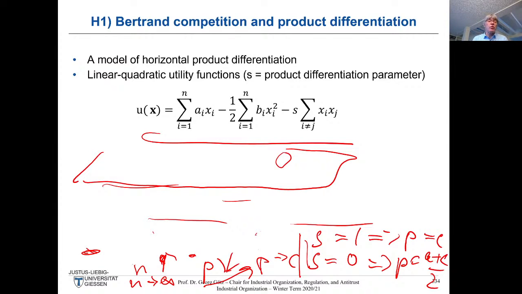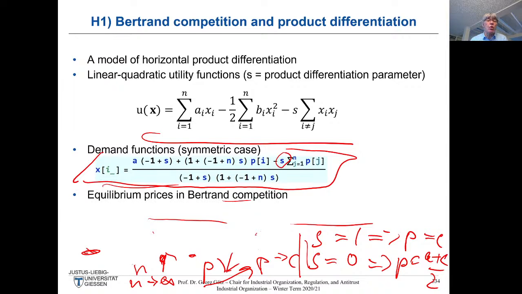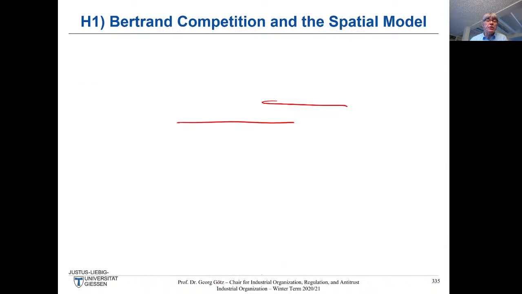Our example was a duopoly, Pepper Richards Norman. The real world example here was Coke and Pepsi. We saw that this linear quadratic utility function gives rise to a very nice linear demand function, and we can derive a so-called Bertrand-Nash equilibrium based on this demand and utility structure.